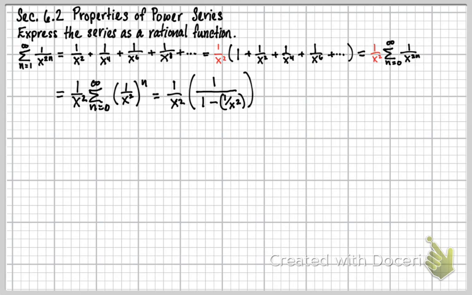So now I'm definitely going to have to clean this up a little bit. So then I'm going to have to multiply that 1 over x squared through. So it's going to be 1 over x squared minus 1. So there's our rational function for the series 1 over x to the 2n.